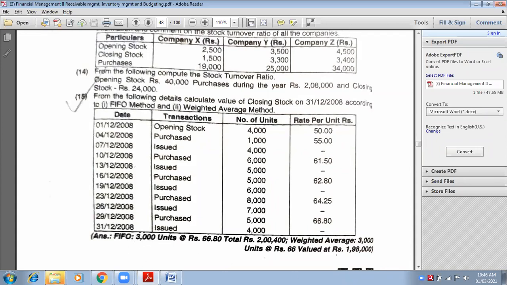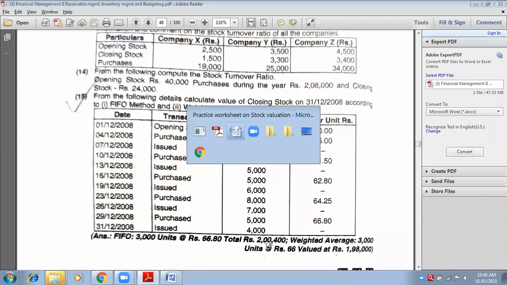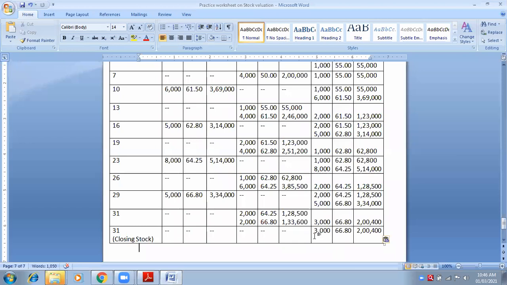FIFO method: 3,000 units, 66.80, answer 2,04,000. So we have calculated the same answers. Is everybody confident enough? Solve both the methods, FIFO and weighted average.